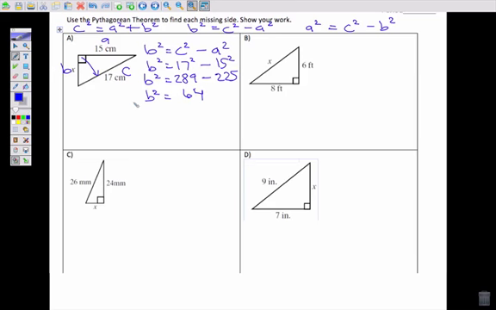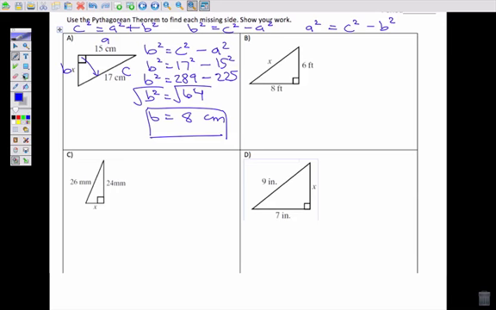Now I need to solve this equation. Take the square root of both sides. So B is equal to 8. Remember, it also equals negative 8, but a triangle can't have a side of negative 8. So B is equal to 8 centimeters. Then I just take a look. Does that make sense? Yeah, it looks reasonable that this could be 8.